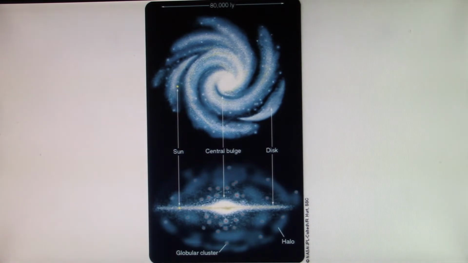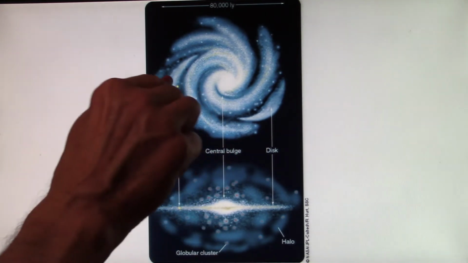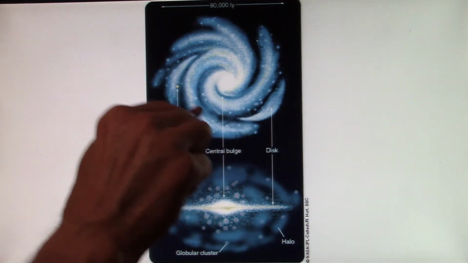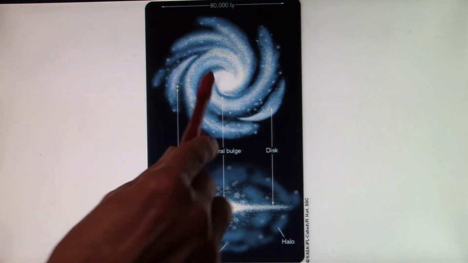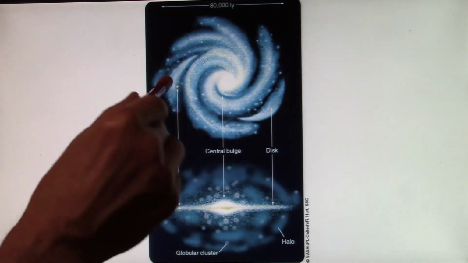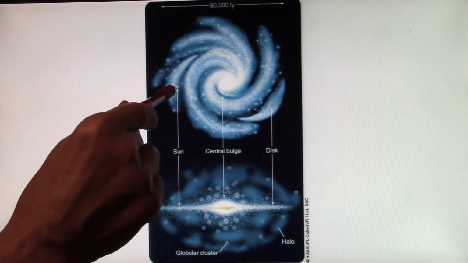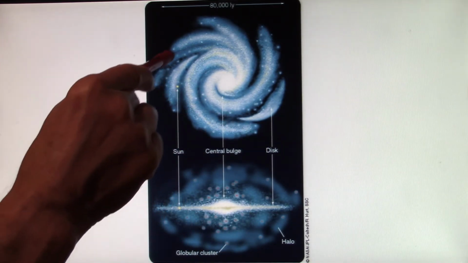It takes about 220 million years for us to travel around our galaxy once. So if you divide that into how old our galaxy is, which is probably 13 billion years old or something like that, we've gone around how many times, right? Do the math.